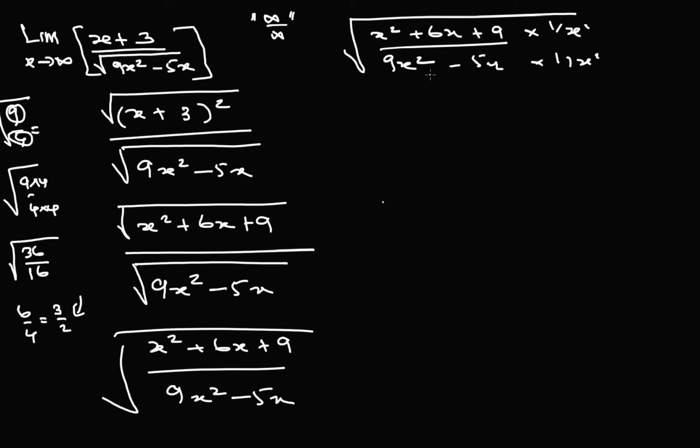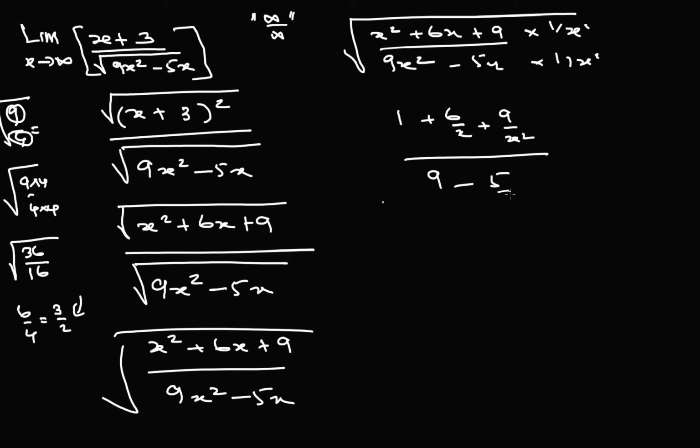So now this one will be what? This and that will give us 1. This and that will give us plus 6 over x. This one will give us plus 9 divided by x squared. And then here we are going to have 9, because x squared and x squared will cancel.